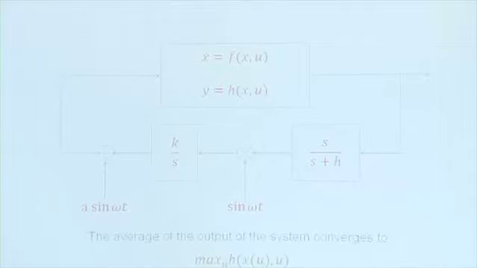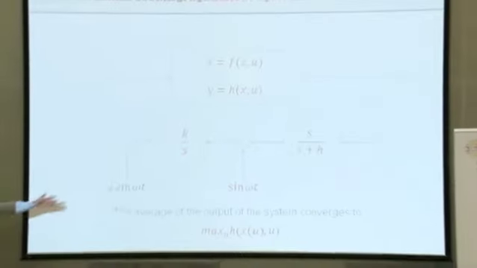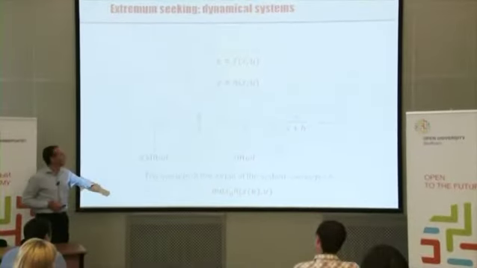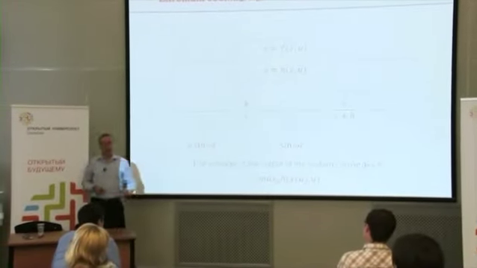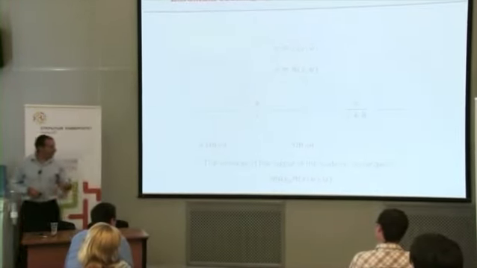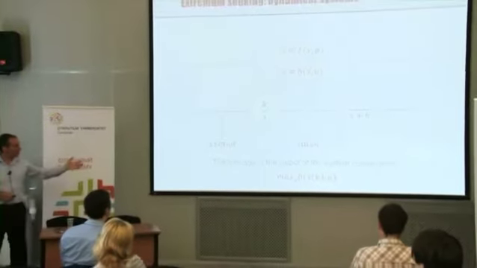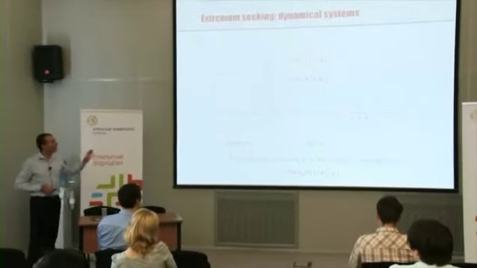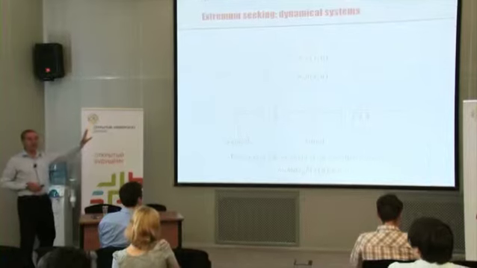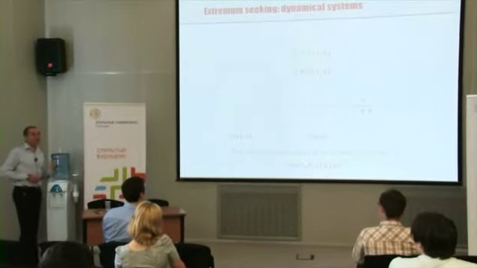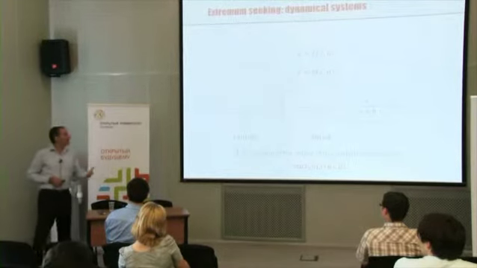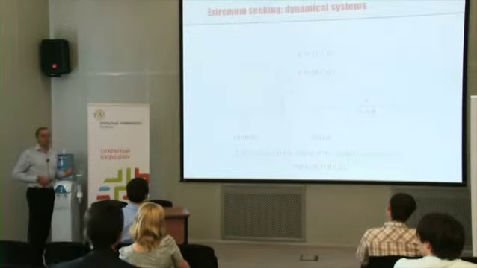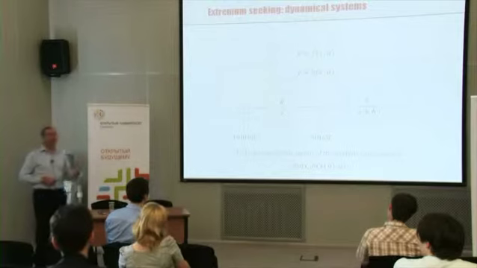Now we can show that the average of the output of the system, which is what we measure over there, converges to the maximum of h(x(u), u). So we are able to obtain the maximum performance with respect to this particular output without any knowledge of the dynamics of the system. And this is very useful because if you have a process that is producing something, typically you don't have a very accurate model for this process, but you would like to maximize the yield.